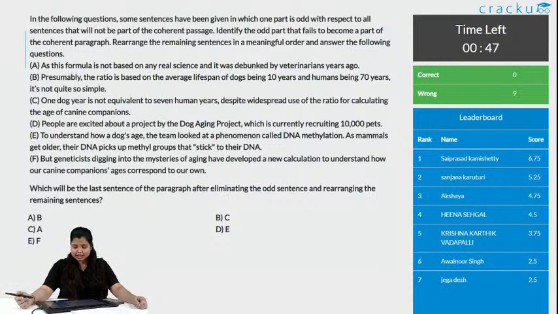Now, Sai Prasad is leading the board with score 7.75. Last 20 seconds remaining.